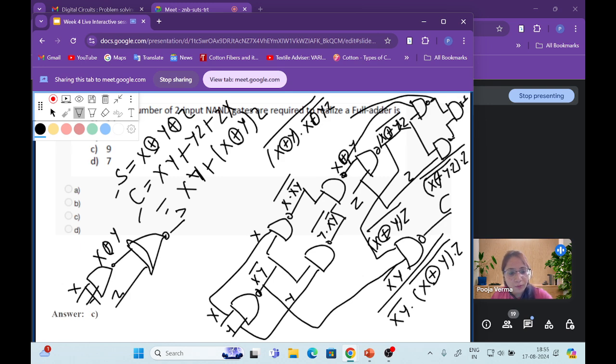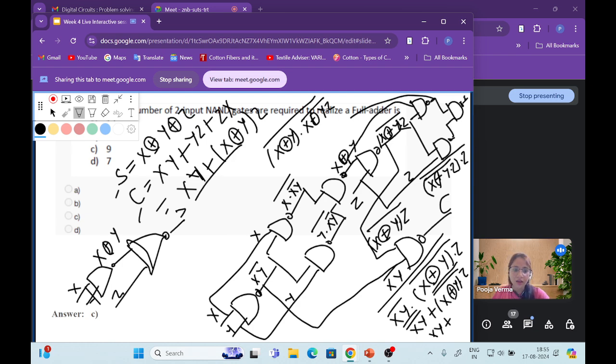And if you remove that, you will get (xy)'' plus (x XOR y) into z, again here double dash, right? The double dash will be cancelled out. You will get xy plus (x XOR y) into z, which is the expression for carry.